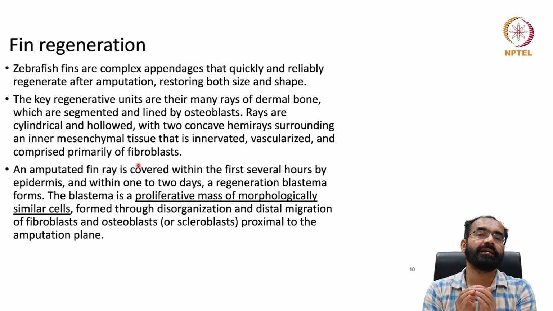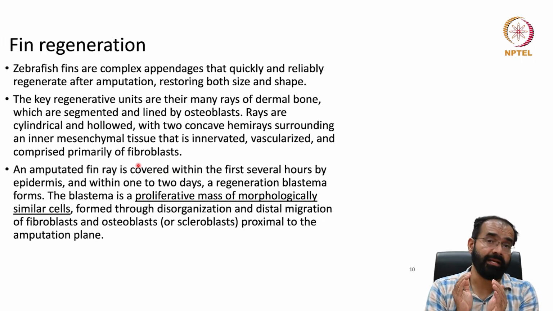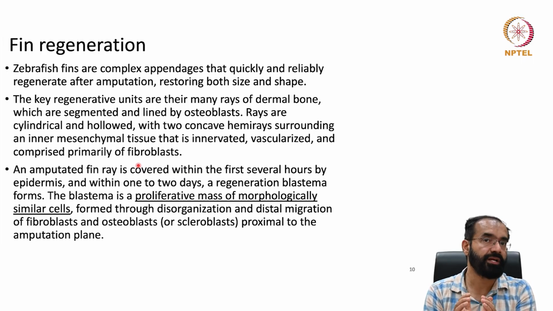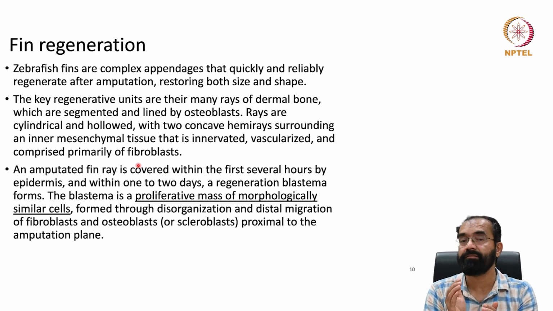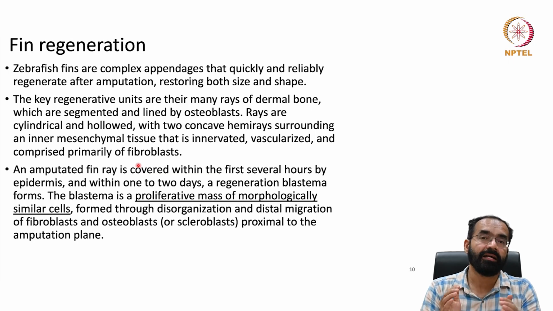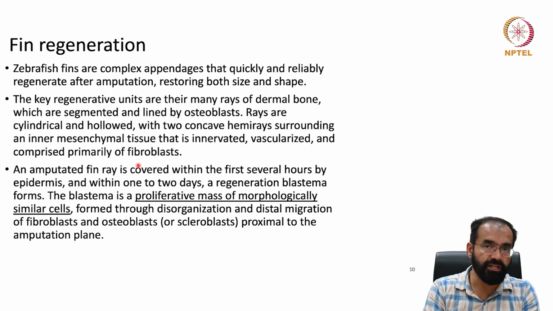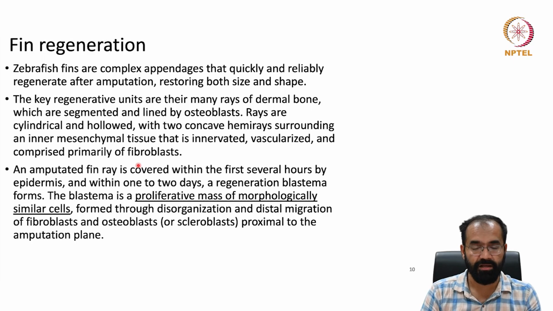They do the blanketing function, and there is innervation because the bony structures also should be mobile, and they need to have a muscular structure, and all these structures together give rise to a functional fin.